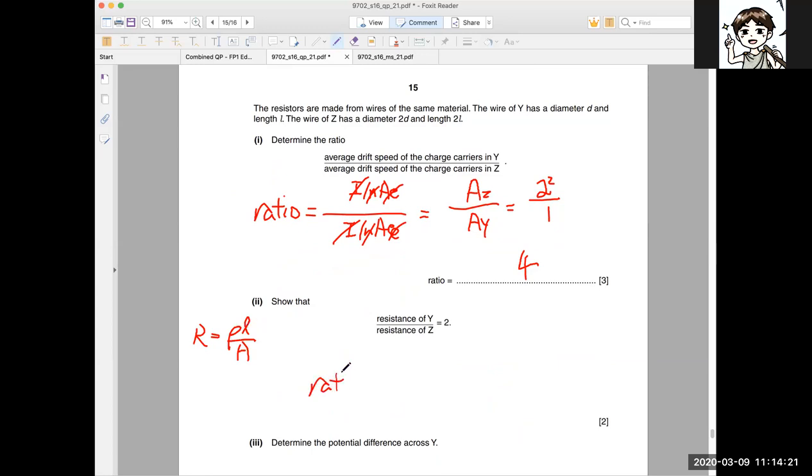So the ratio is the ratio of the length, Y is L and Z is 2L, divided by the area of Y and the area of Z. That gives you 1 over 2 times the area of Z divided by the area of Y. It's 1 over 2 times 4, which gives you 2.